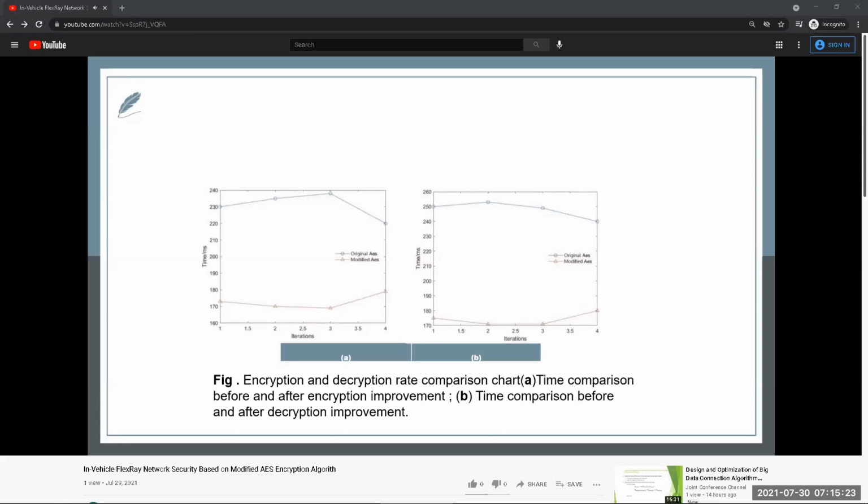Compared with the original AES algorithm, the encryption speed of the modified AES algorithm is increased by about 26%, and the decryption speed is increased by 30%. It can be seen that the modified AES algorithm proposed in this paper reduces the time delay when encrypting and decrypting FlexRay messages.